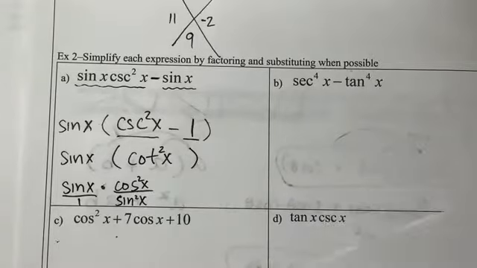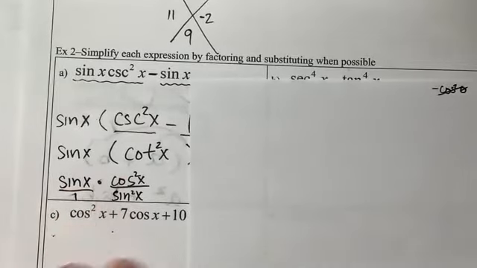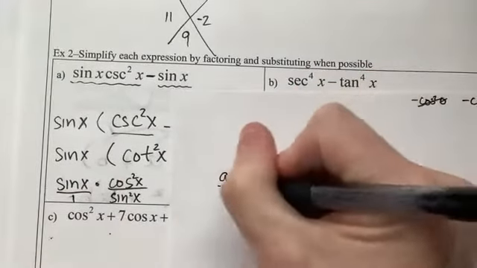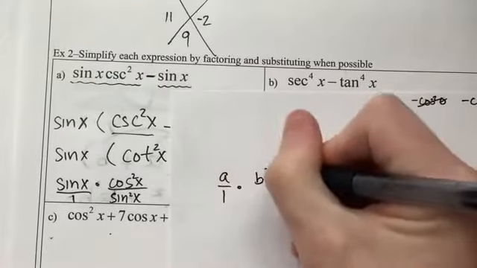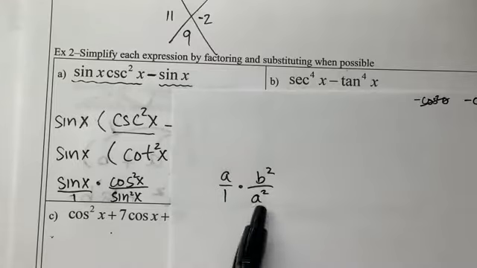So yeah, think about this like this. All you gotta do is think like the sine and the cosine are kind of like different variables almost. So this would be like a over 1 times maybe like b squared over a squared. So if you had that, anybody see something you could reduce here or cancel out here?